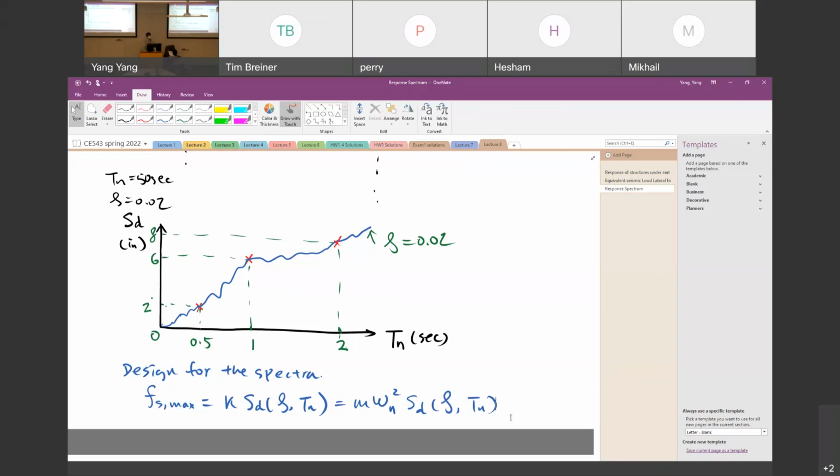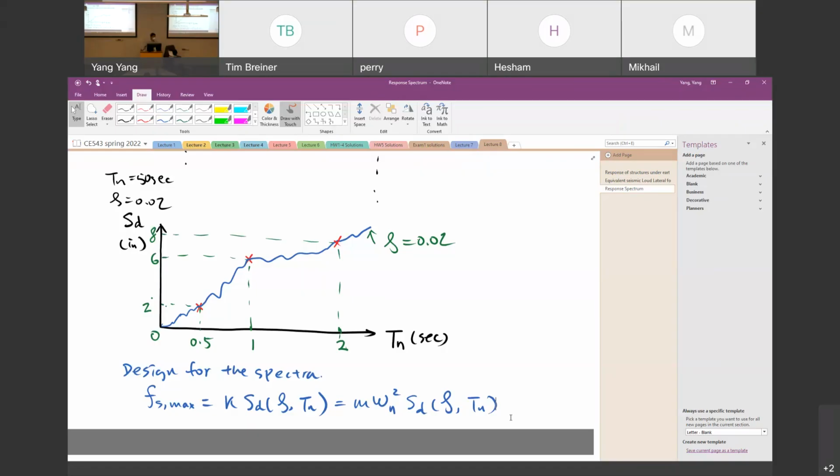Okay. A very, very good question, because anytime we need to design, we need to assume some damping ratio for structures. But if there is no damping for the structure, the response of the structure will be much higher than the structure with even very small damping.